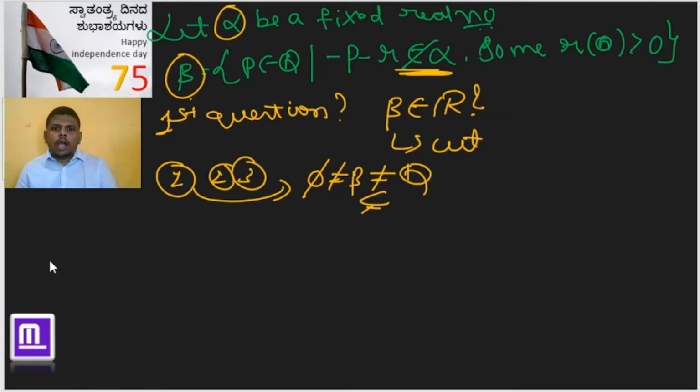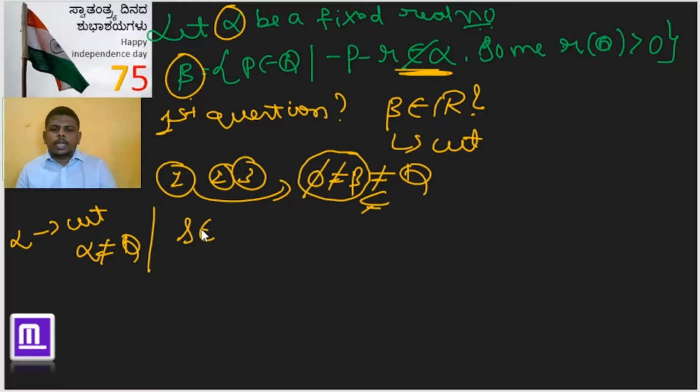So how to check a number like this? For this, we take that alpha is a cut, right? We know that alpha is a cut, but we want to check beta is a cut. Alpha is a cut, so alpha is not the complete rational number set. So this is a proper subset of it. That means there should be a rational number which does not belong to alpha.